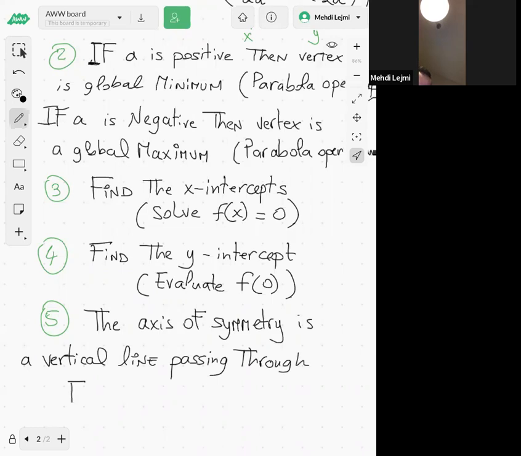Right? And the vertex, we said the general formula for the vertex is minus b over 2a. So the axis of symmetry is just the same formula as the vertex: x equal to minus b over 2a.